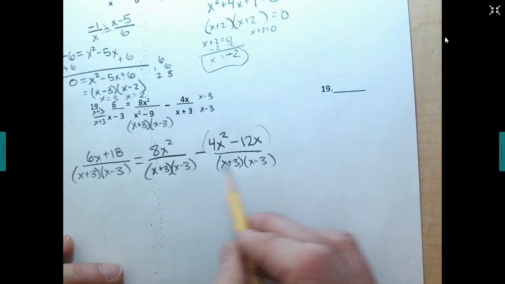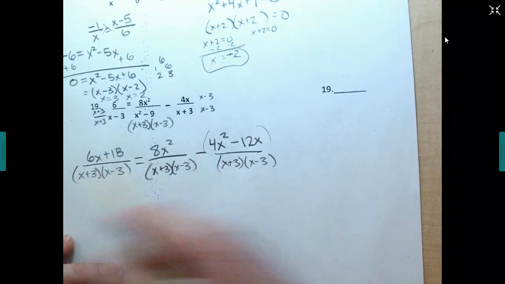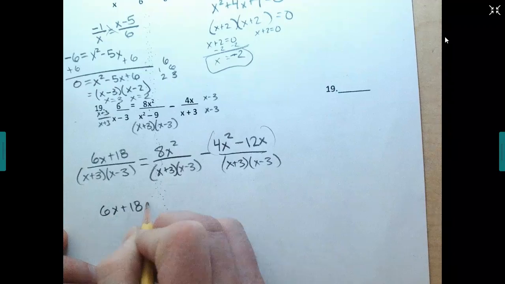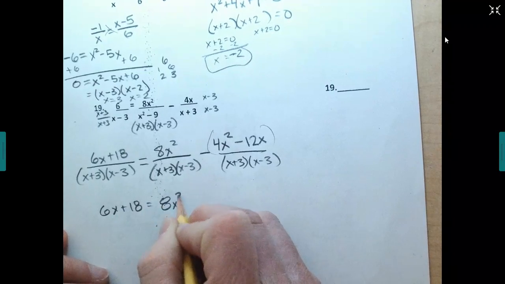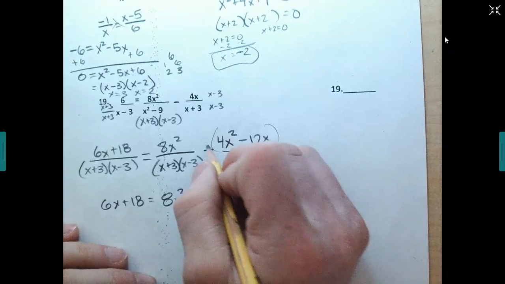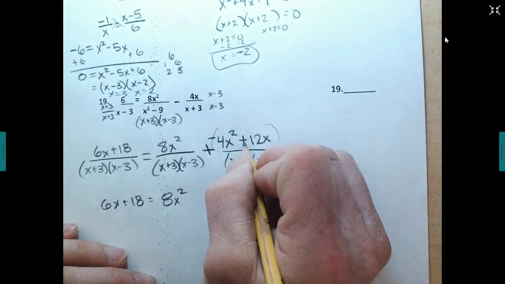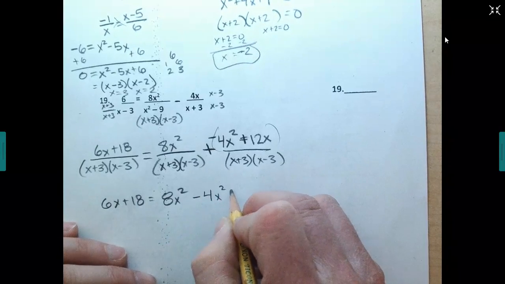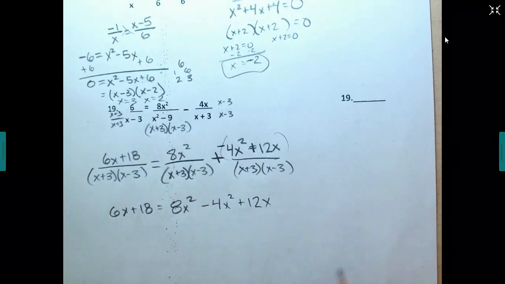All right, now we have the same denominator, so we don't need to worry about cross multiplying. We could just go 6x plus 18 equals 8x squared. This is subtract, so I'm going to add the opposite. Minus 4x squared plus 12x.